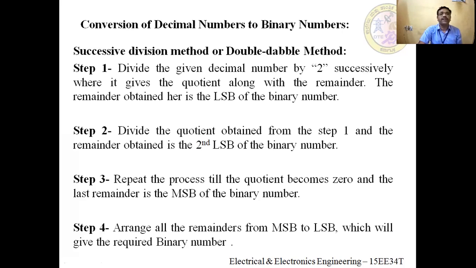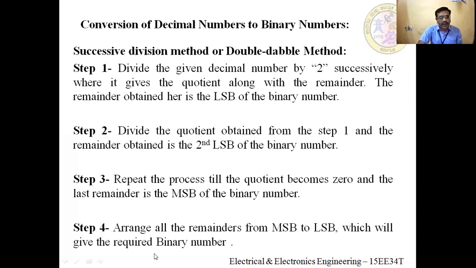For this, the procedure we are using is the successive division method by the required base. The required base is 2. Here I will be using 4 steps: step number 1, step number 2, step number 3 and step number 4. The remainder obtained in step number 1 will be the LSB of the required binary number.